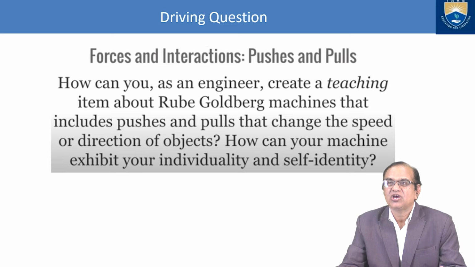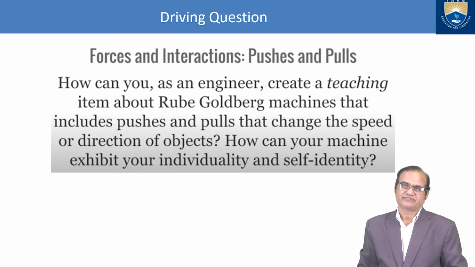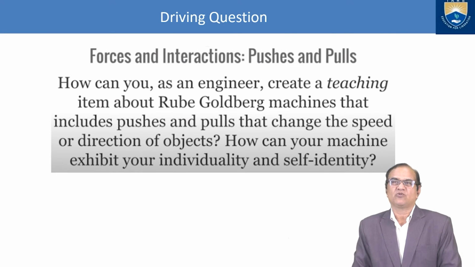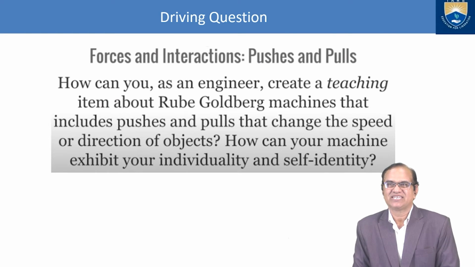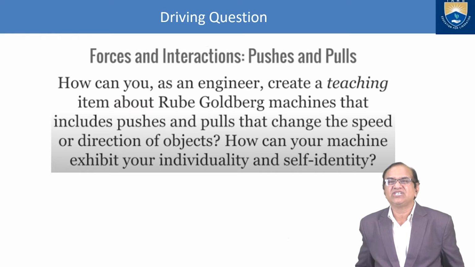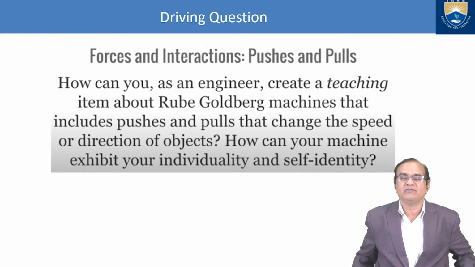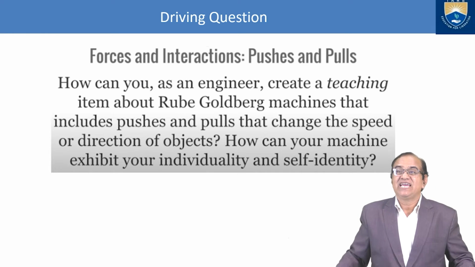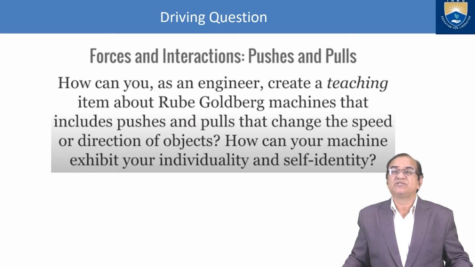How can your machine exhibit your individuality and self-identity? So here is one question, and this question asks you to create a teaching item, meaning you have to generate a teaching item for push and pull, which can change the speed or the direction of the object.